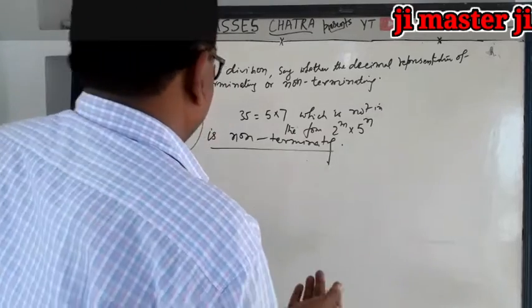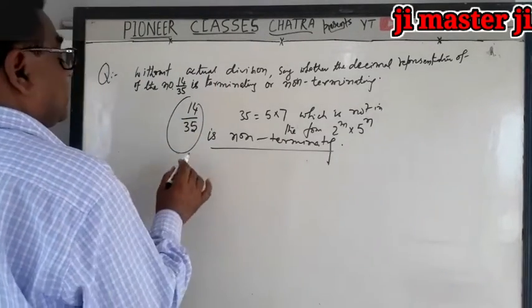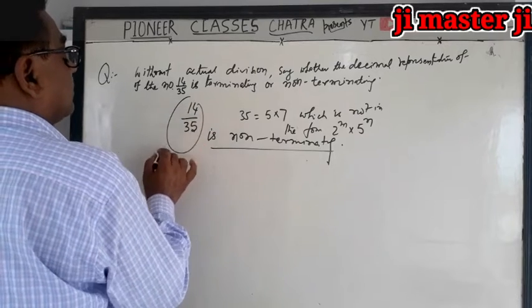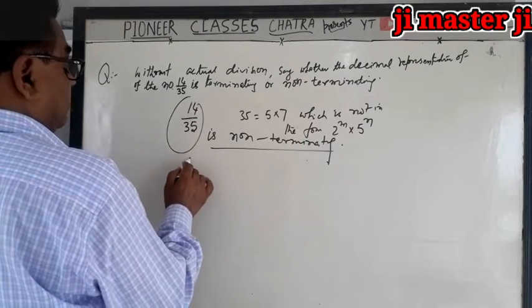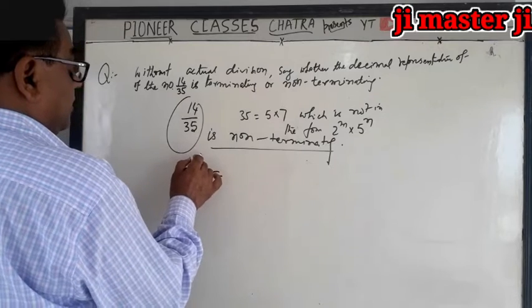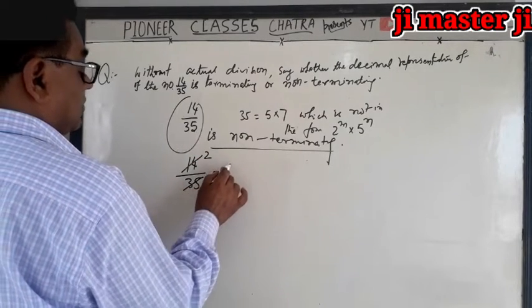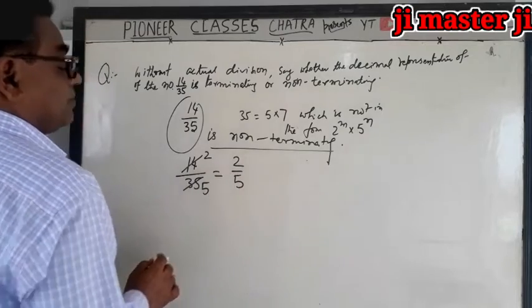The rule says this. But if we cancel out by the HCF, 14 by 35 can be written as, 7 twos are 14 and 7 fives are 35, so this is 2 by 5.